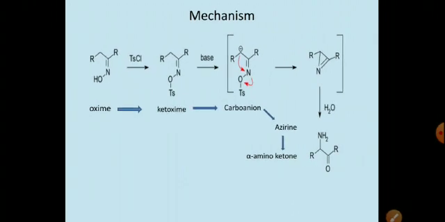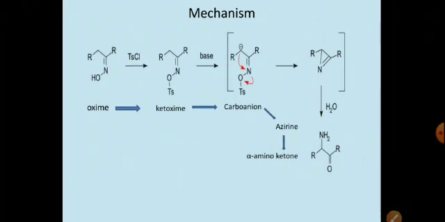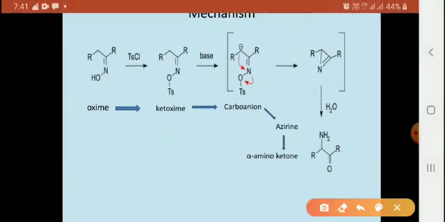Now see the mechanism of the Neber rearrangement. First, see the way of the mechanism. The starting reactant ketoxime reacts with base. The base abstracts the proton from the alpha position and forms the carbanion.